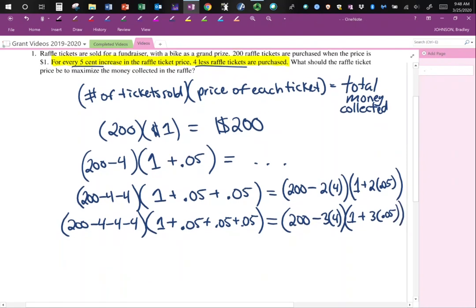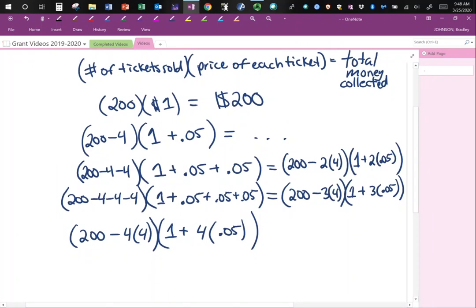Now you might notice a pattern forming. So let's do this again. If we do 200 and we do this 4 times, we're subtracting really 16 tickets from 200. And then we're adding to the $1 original raffle ticket 4 times 0.05, because you're doing 4 5-cent increases.